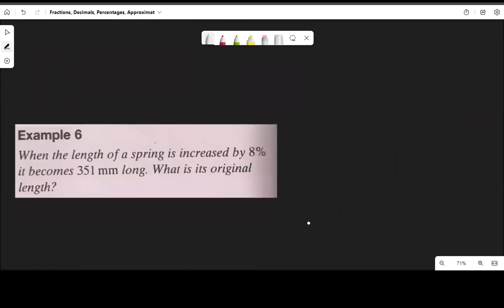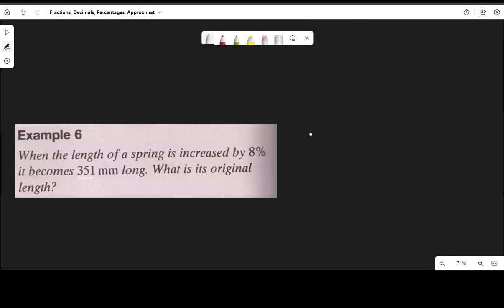Question 6a, example 6. When the length of a spring is increased by 8%, it becomes 351 millimeters long. What is its original length? There are two ways I can approach this. The length is increased by 8%. After the increment of 8%, the length becomes 351.